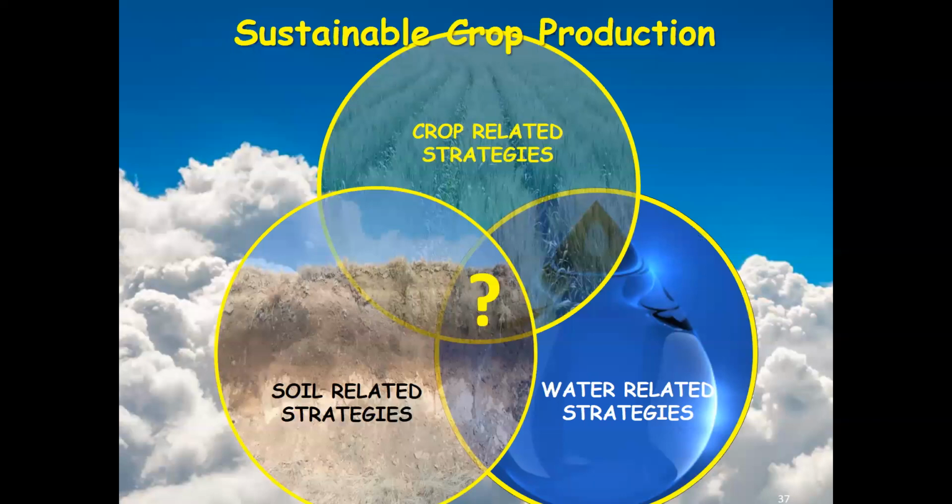So on a more practical level then, how can we achieve sustainable crop production? Well, there are three strategies that are crucial: crop-related, soil-related, and water-related strategies. The question, however, that remains is, how do these strategies overlap, and what do we do where the overlap of these strategies is relevant to climate change?